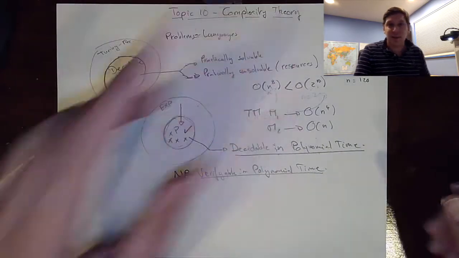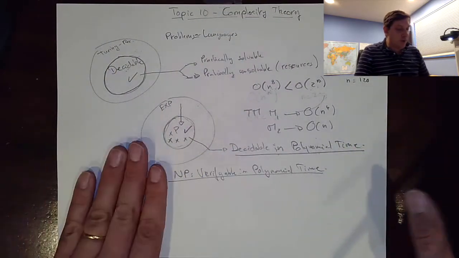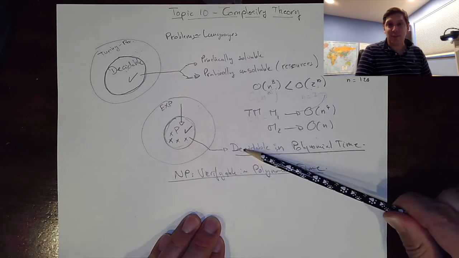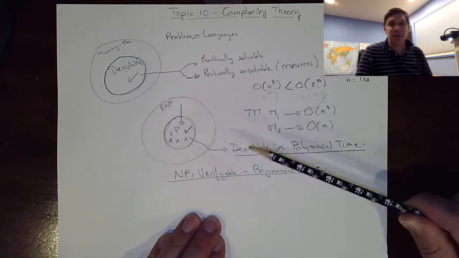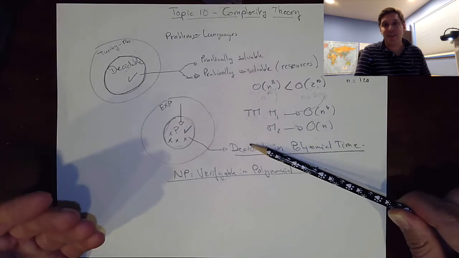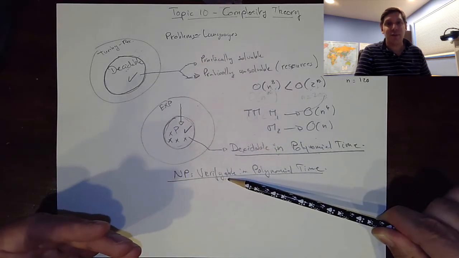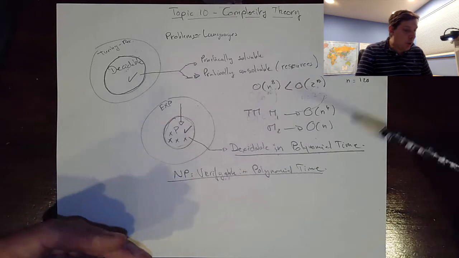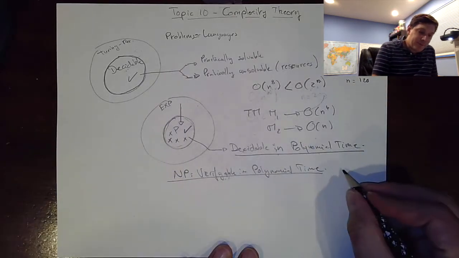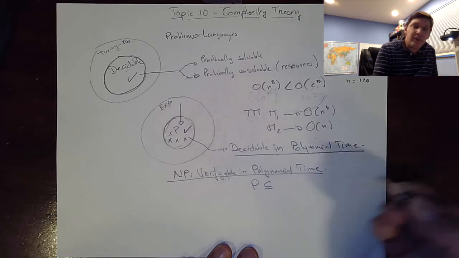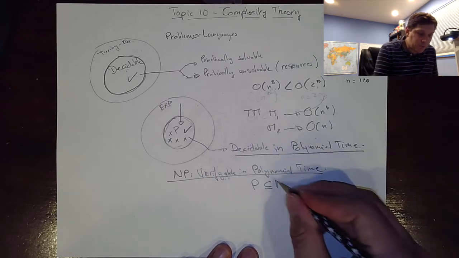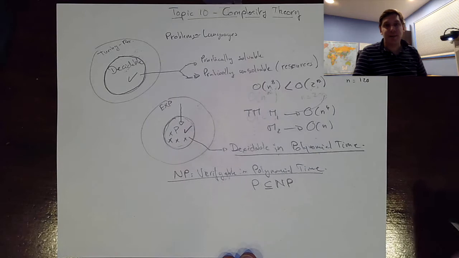You can look at examples in the book. So this one is, of course, much easier than this one, but it's a very convenient classification, because if something is decidable in polynomial time, then it is verifiable in polynomial time. So P is a subset or equal to NP, right?